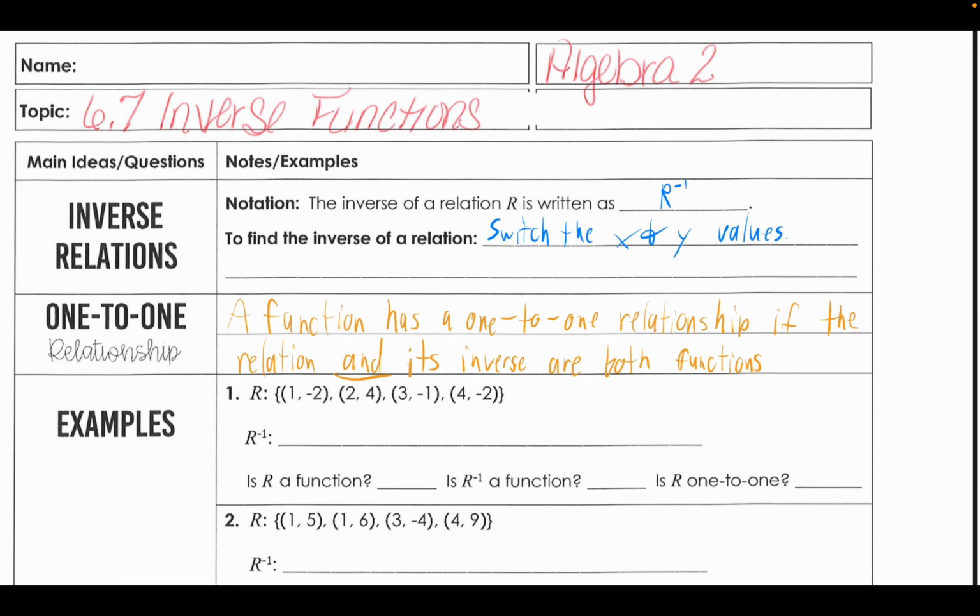So it's considered one-to-one if both the original relation and the inverse relation are both functions.